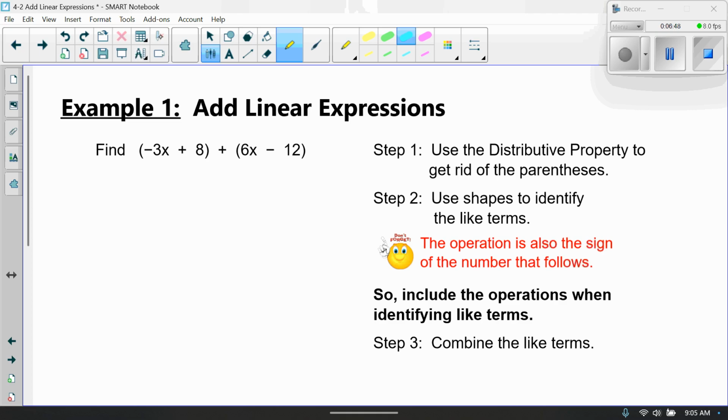So the first thing we want to do is get rid of these parentheses, okay? I want you to make sure, you guys, you write down these steps, okay? So we want to get rid of these parentheses. Now, we're going to use the distributive property to get rid of those parentheses. Now, what number is in front of those parentheses?